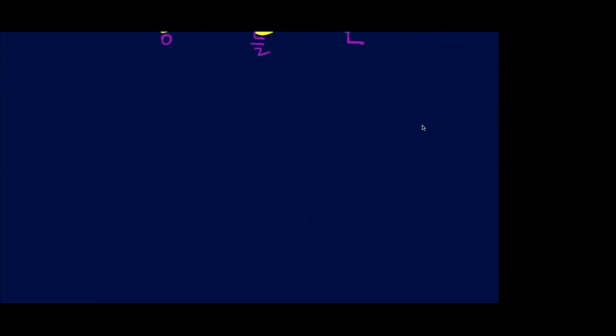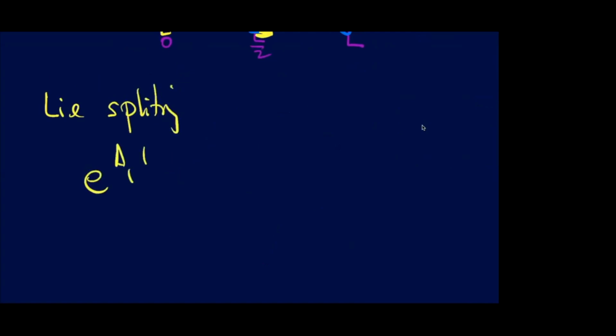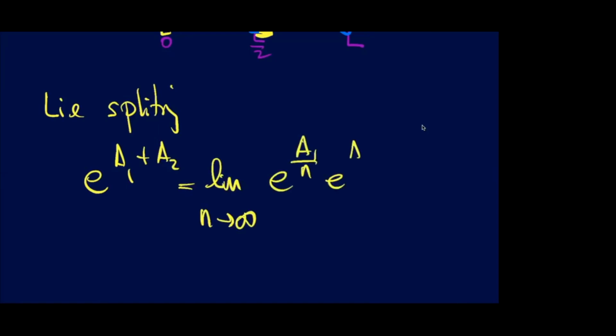And then what Lie splitting says is that the exponential of A1 plus A2 is the limit as n goes to infinity of exponential A1 over n, exponential A2 over n, exponential A1 over n, exponential A2 over n, and so on, okay?